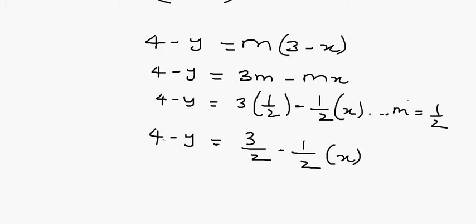Now if I want y on one side, because I want y in terms of x, I want y on the left hand side alone. So let me take this 4 to the other side. It's positive 4 over here, so it's gonna be negative 4 on the other side. So minus y is equal to 3 by 2 minus 4 minus half x.